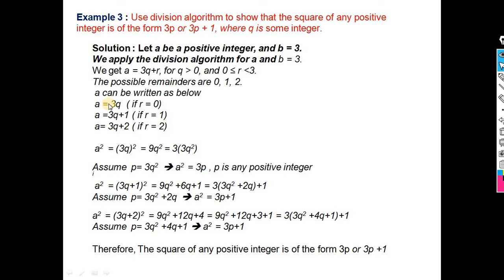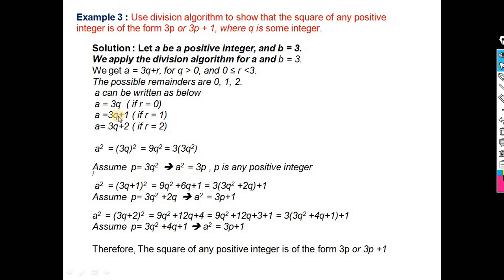For the first case, a square is equal to 3q whole square, that is 9q square, which we write as 3 into 3q square. When I assume p is equal to 3q square, then a square is equal to 3p, where p is any positive integer.